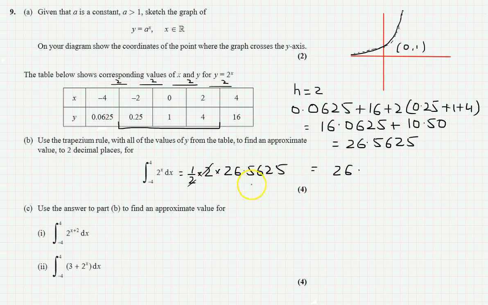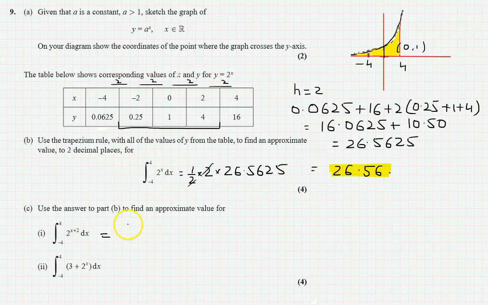You have to find two places of decimal, so this will be 26.56. So that is the trapezium rule, and this is the approximate value of this area from -4 to 4. So this is -4 and this is 4. So this is the area.